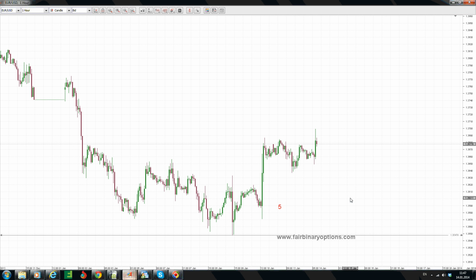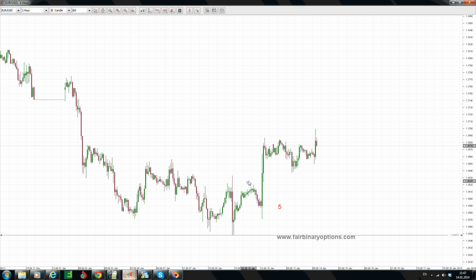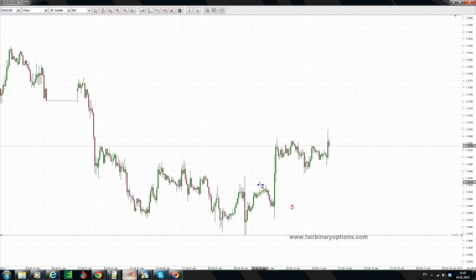Into this area, and this 5-wave structure, I would say that goes with the first wave extension here being 1, 2, 3, 4, 5, and let's just label it of a lower degree for this to be wave 1. And the second wave there.